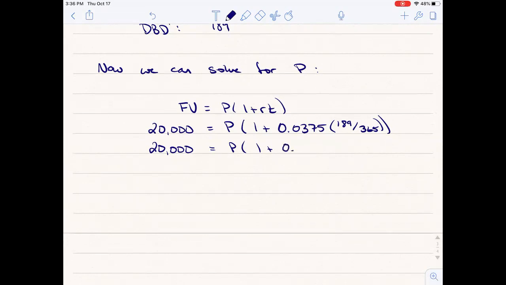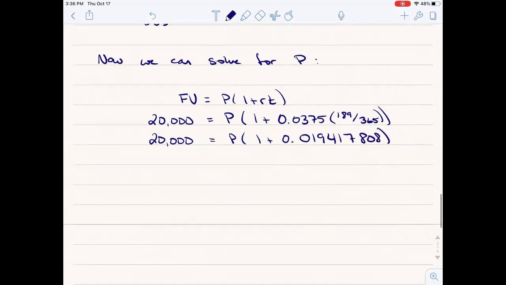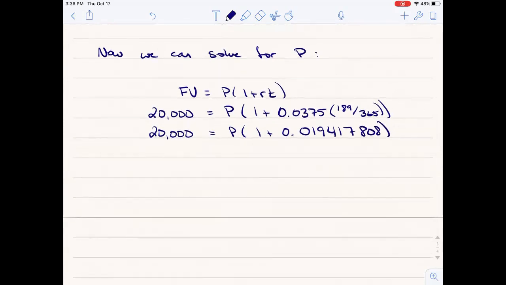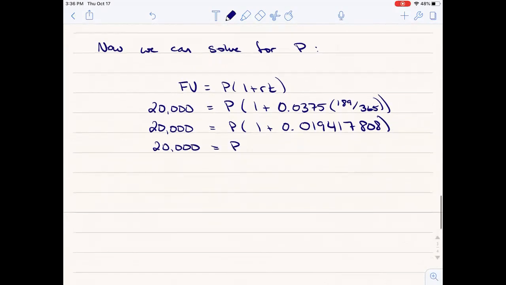So we get plus 0.019417808. Showing an extra step, you don't actually need to show that 1 plus 0.019417808 is 1.019417808. I'm just showing all the steps, but you could probably skip that one if you wanted to.